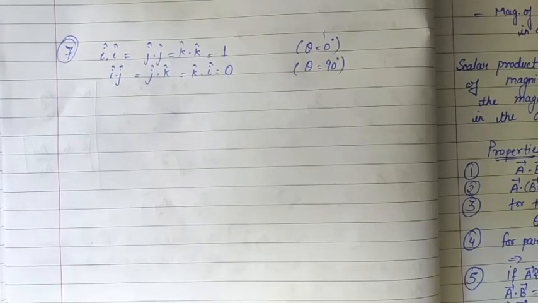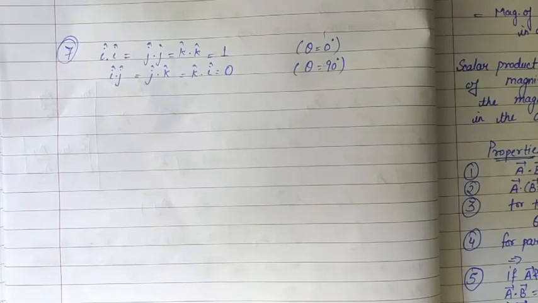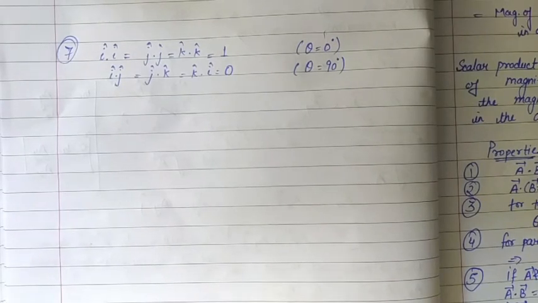Next property of a scalar product is that we can, it's not a property actually, it's the way of finding a scalar product.